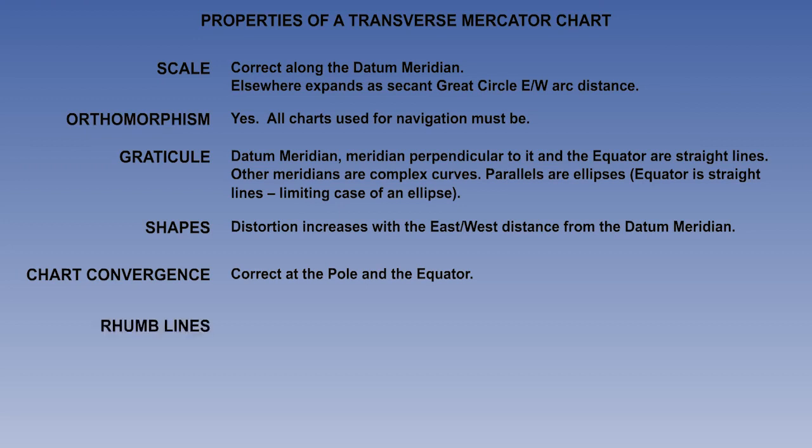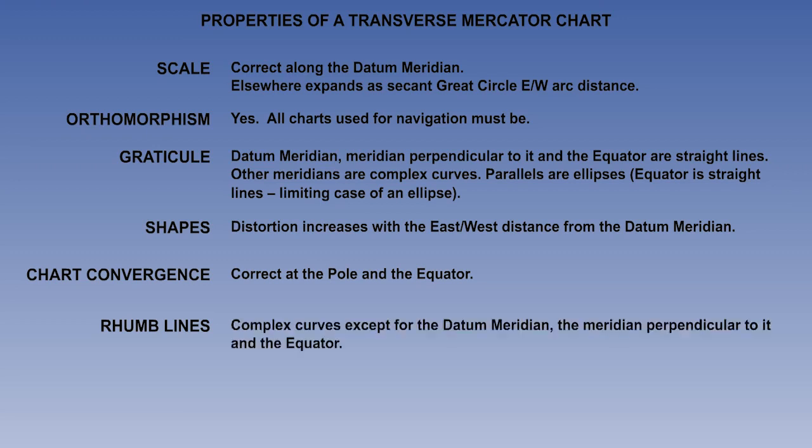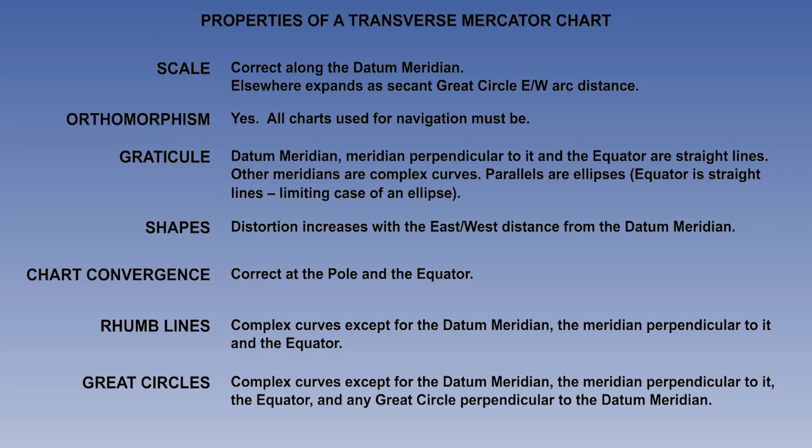Rhumb lines are generally complex curves, except for the datum meridian, the meridian perpendicular to it, and the equator. Great circles are also complex curves, except for the datum meridian, the meridian perpendicular to it, the equator, and great circles perpendicular to the datum meridian.